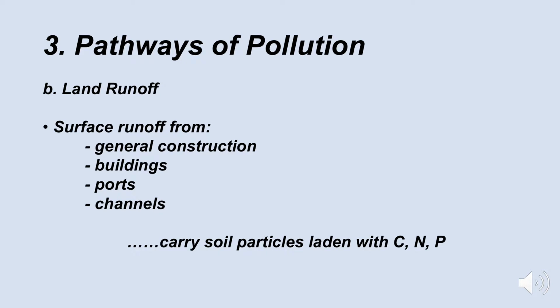We've got port areas, we've got channels. We get surface runoff from all these areas, and they carry particles. They're often laden with carbon, with nitrogen, with phosphorus. And that can cause quite a bit of damage.